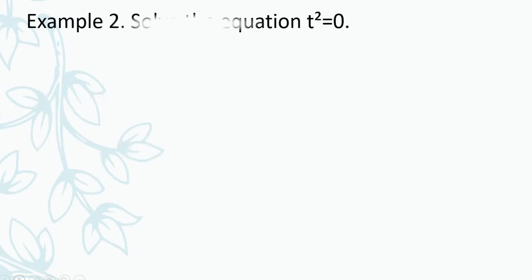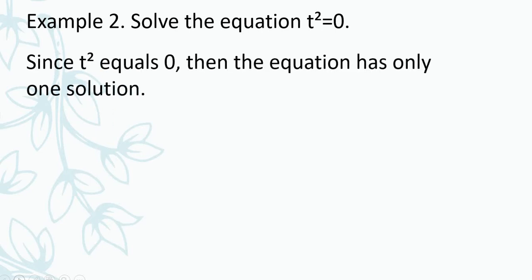Another example here, solve the equation t squared is equal to 0. Since t squared equals 0, then the equation has only one solution. This is what I was telling you earlier. When our k becomes 0, the x squared is equal to k has one real solution, which is 0.